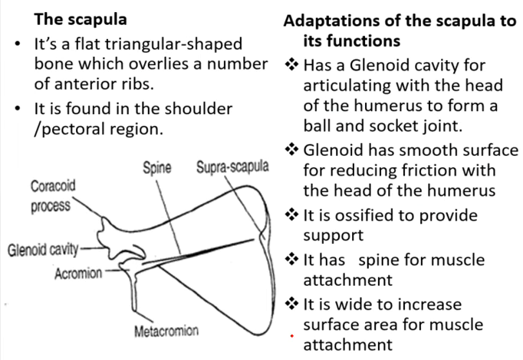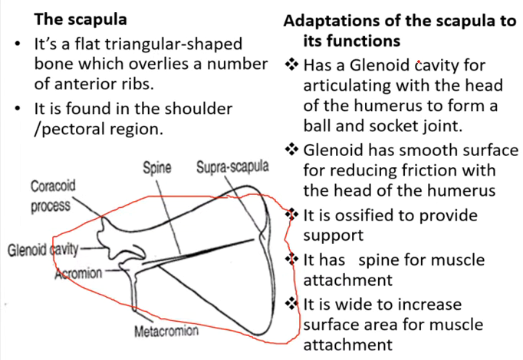Let's look at each individual bone of the pectoral girdle. We start with the scapula, and we said it is flat and triangular in shape and overlays a number of anterior ribs. As you can see here, the scapula is flat, broad, and triangular in shape, and it is found in the shoulder or the pectoral region.